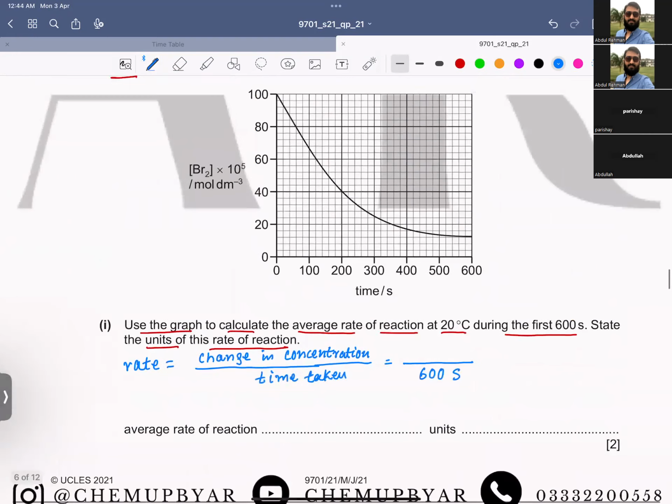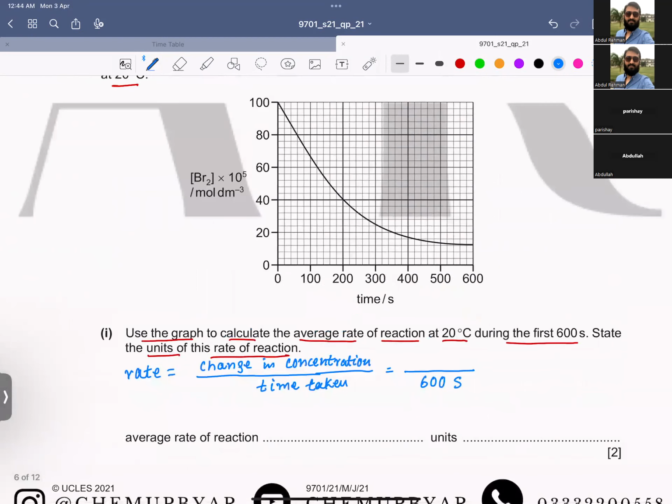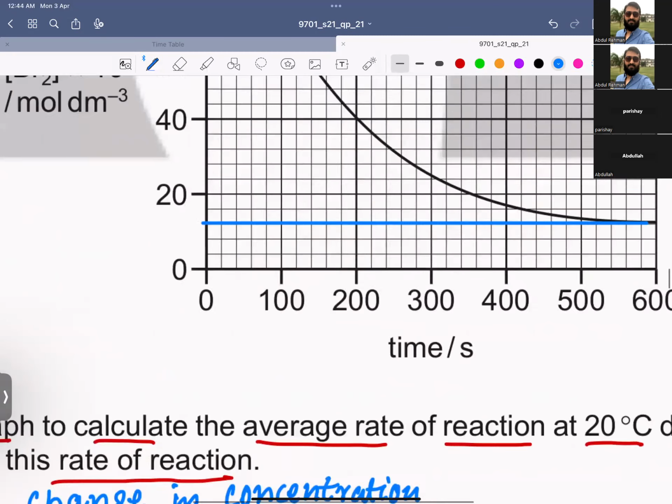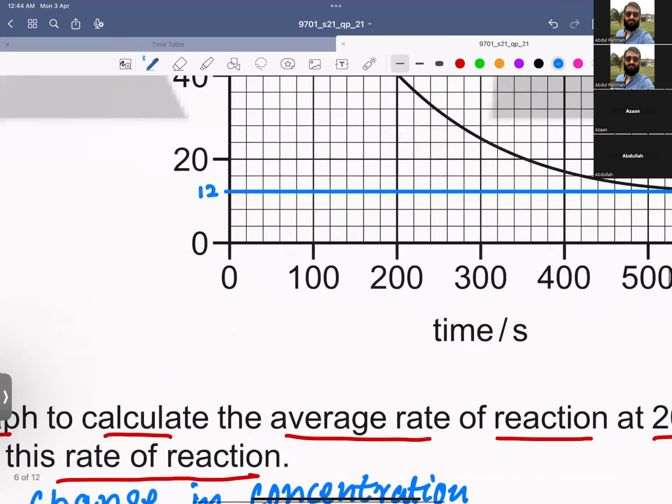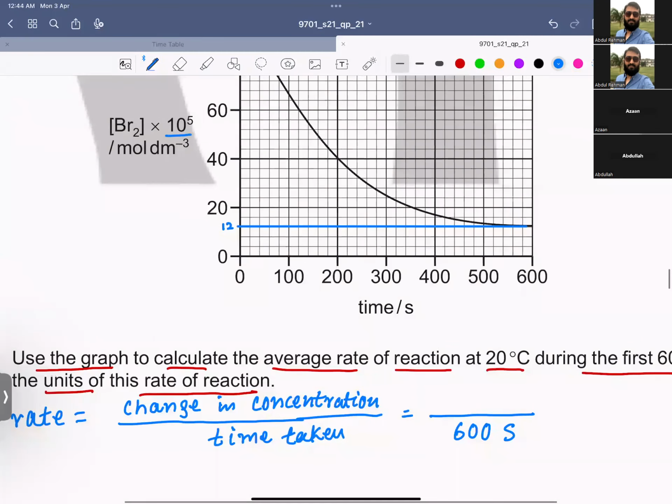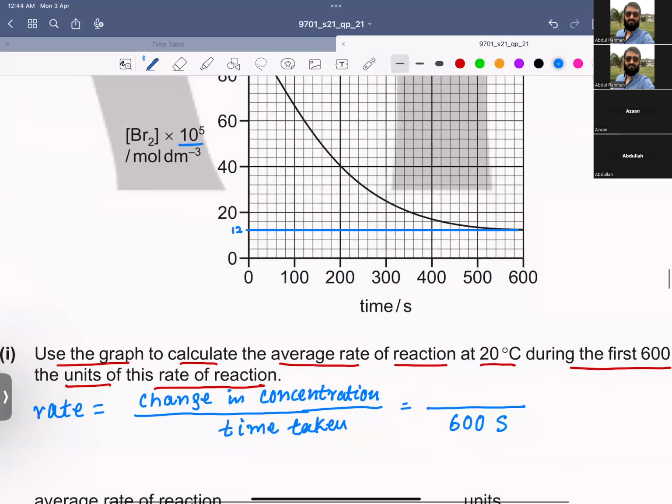Now, initially the concentration is 100 and at 600 seconds the concentration is 12. Sorry, 12. Isn't it 12? It's 12. And here they have provided times 10 exponent 5, right?